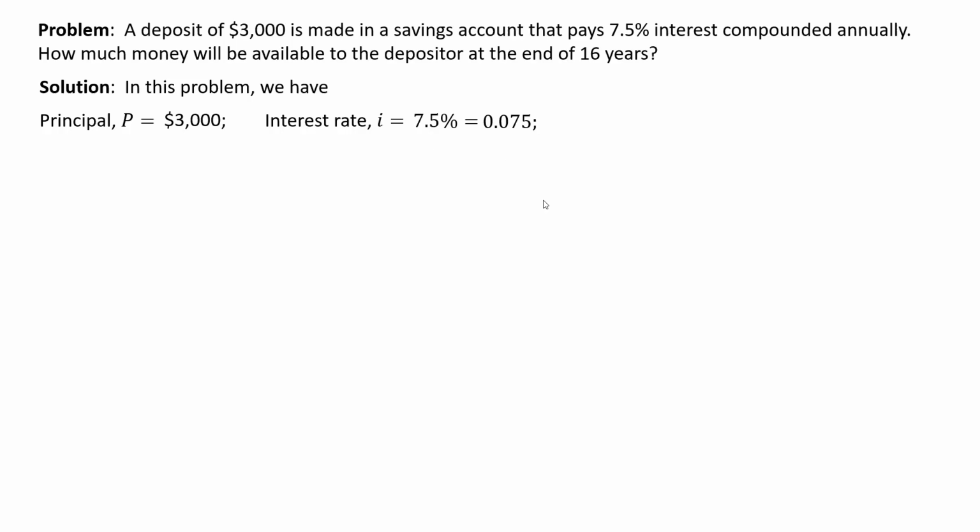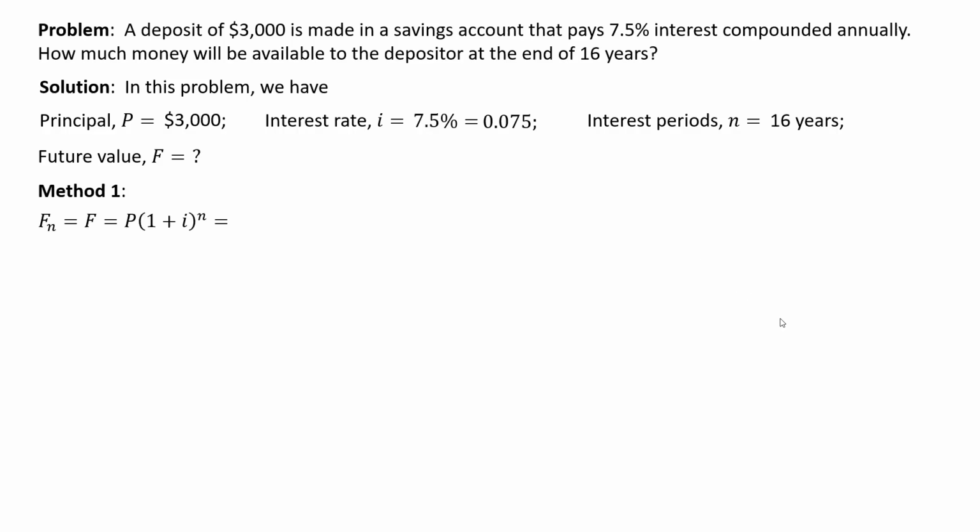Interest periods: how many? 16 years, right? And we need to find what? The future value F. All right. Method 1: let's use our simple, straightforward formula. F equals P times (1 plus i) to the n. Plug and chug.